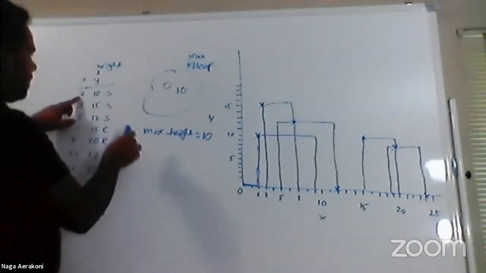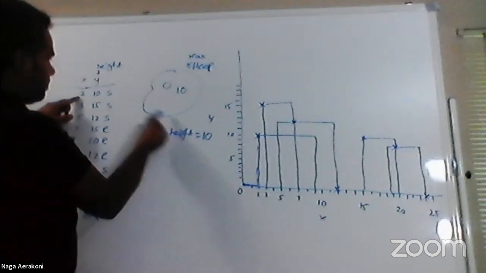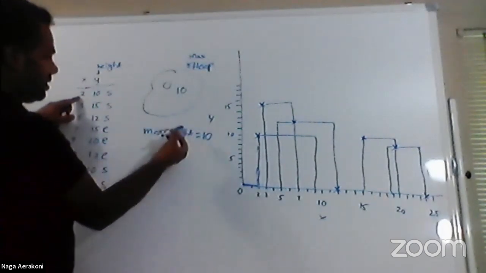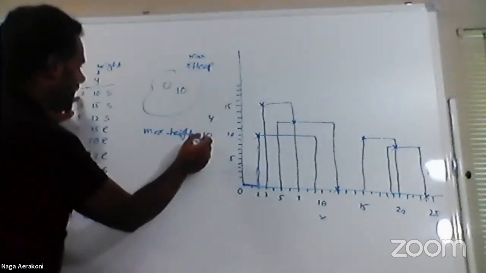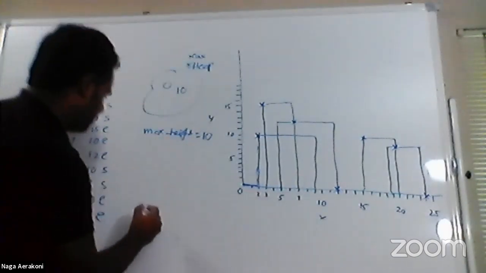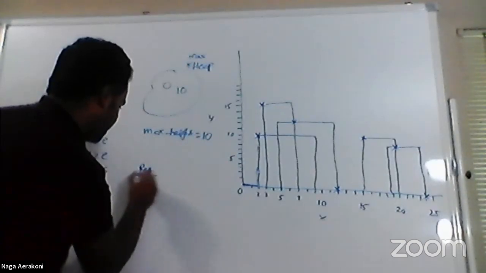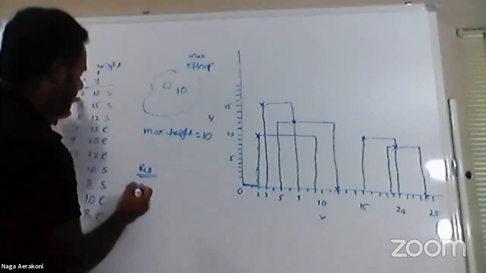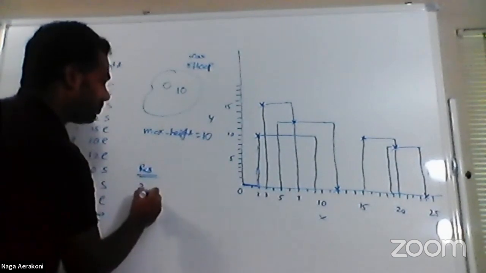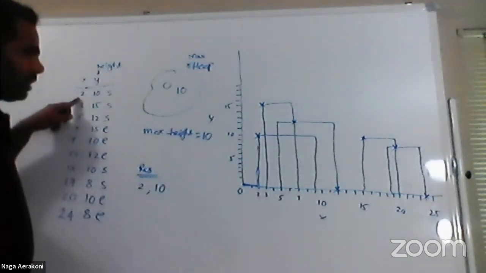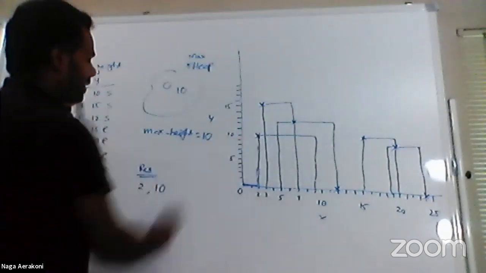Whenever you add a start and the height changes, you can add this right away to the result. So let's take this as a result point, 2 comma 10. This is one of the result points that we have captured here.